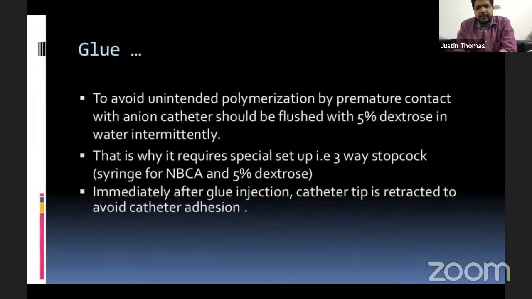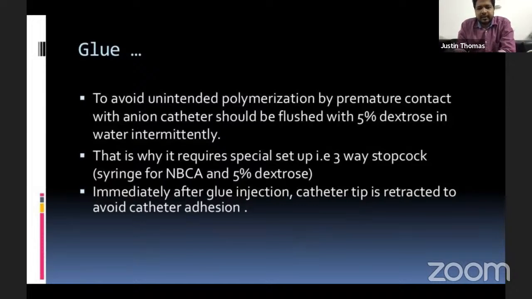So to avoid unintended polymerization by premature contact, the catheter should be flushed with 5% dextrose intermittently, and this requires a special setup, that is, an NBCA-compatible 3-way stopcock and syringes are needed.